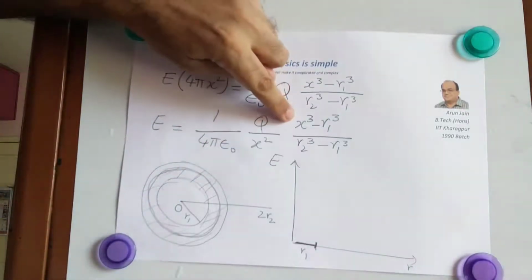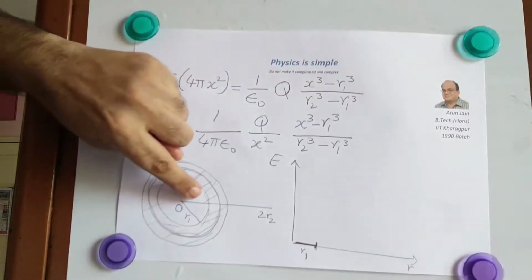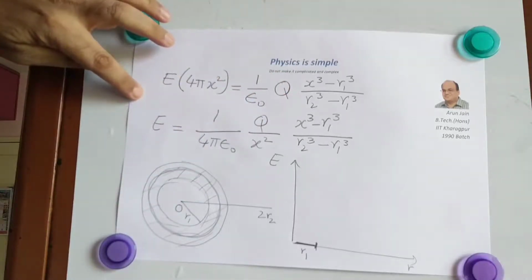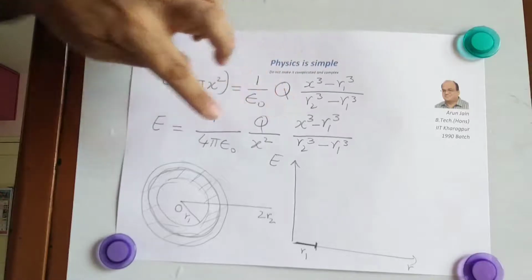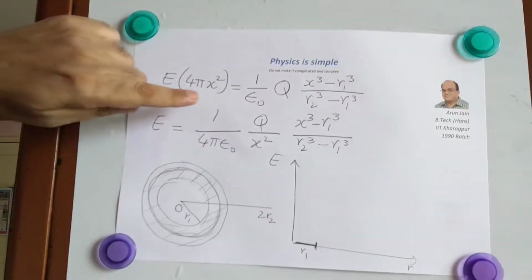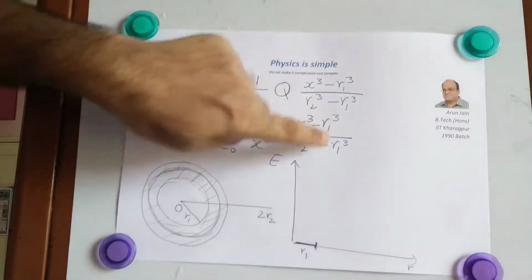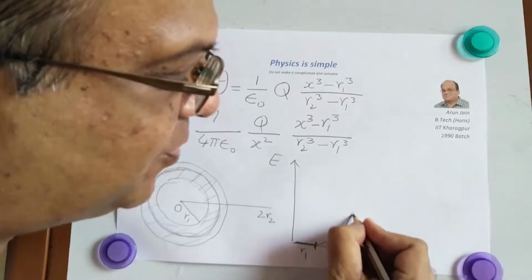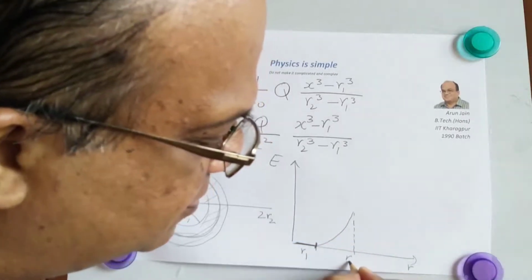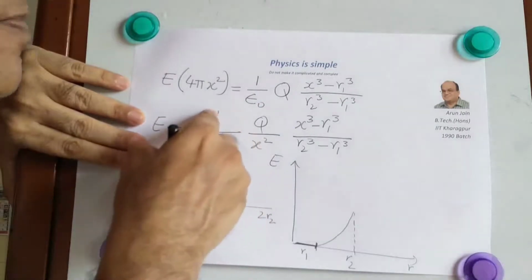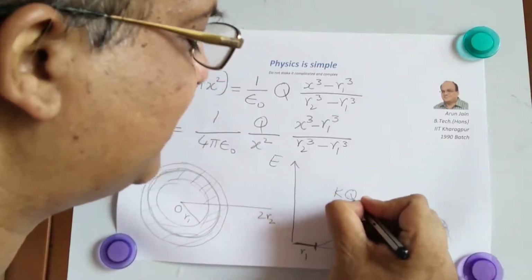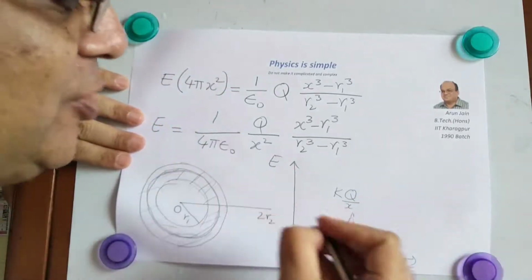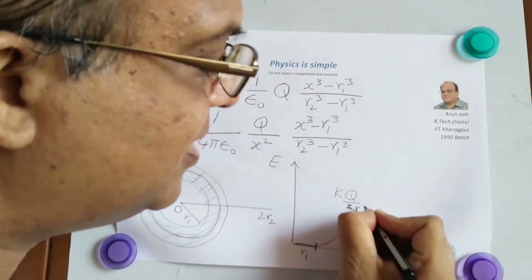Now this equation is valid for x lying between R1 and R2. So when x equal to R1, then E is 0. We can check from this equation. When x equal to R2, E will become 1 by 4 pi epsilon naught Q by x square, because this will now become 1. So now this will increase and reach a maximum value at x equal to R2, which will be equal to, you can call it Coulomb's constant, K Q by R2 square at x equal to R2. It reaches this value.